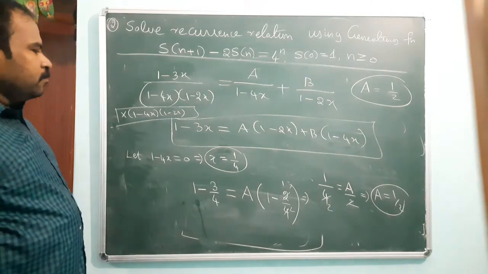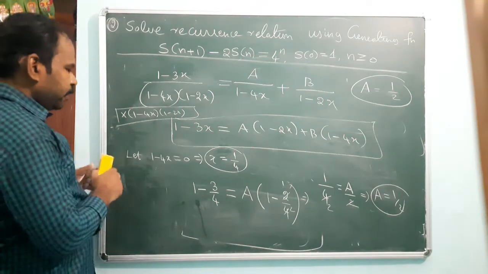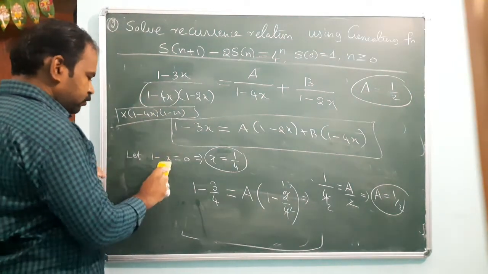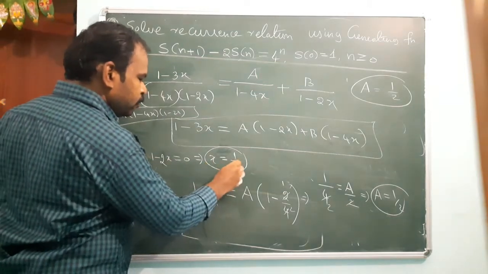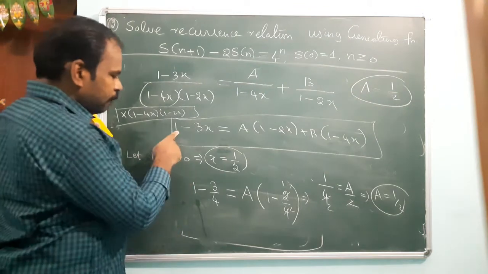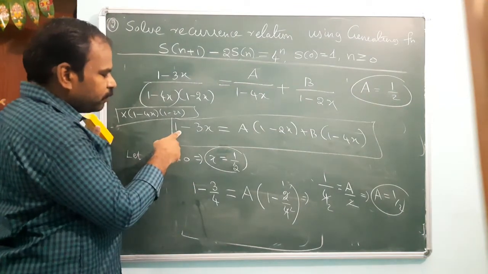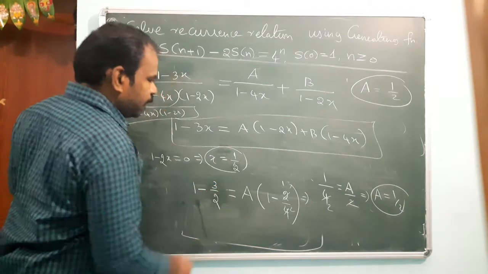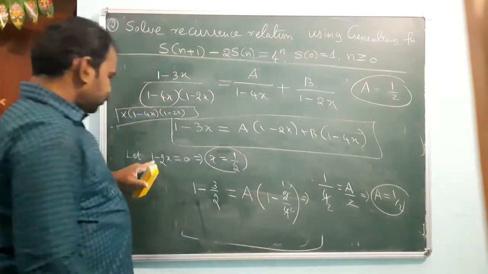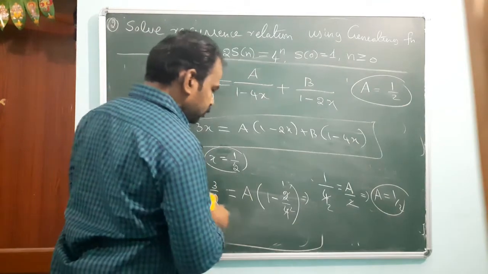Similarly, next we take 1 minus 2x equal to 0, so x equal to 1 by 2. When we apply x equal to 1 by 2, we have 1 minus 3 by 2. Here 1 minus 2x is 0, so this term is cancelled.